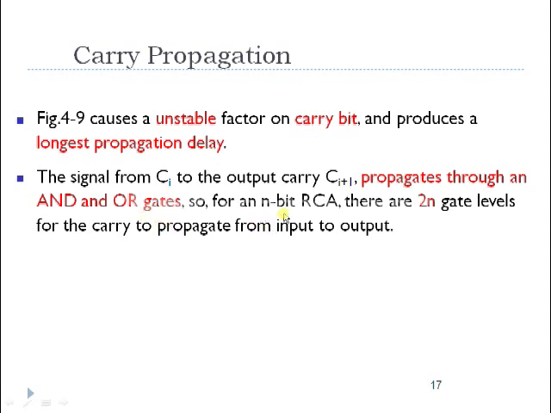So for an n bit RCA, there are two n gate levels for the carry to propagate from input to output. So a long propagation delay is generated with the ripple carry adder, and this is the drawback associated with RCA.